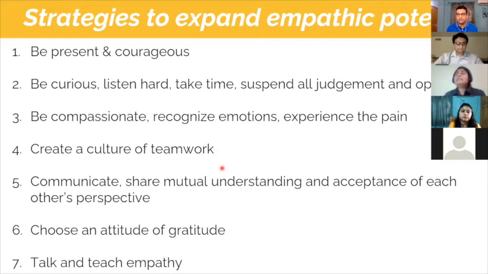And then there are some strategies to expand your empathic potential. Be present and courageous, then be curious, listen to others, listen hard, and definitely create a culture of teamwork, because as you practice empathy, it will keep growing. So you need to practice empathy and definitely choose an attitude of gratitude. It helped me personally a lot.